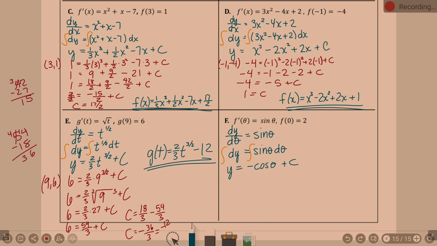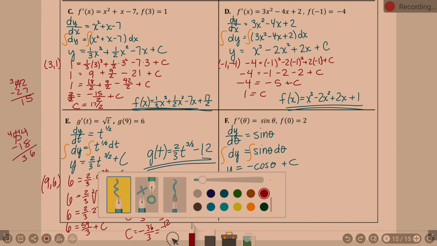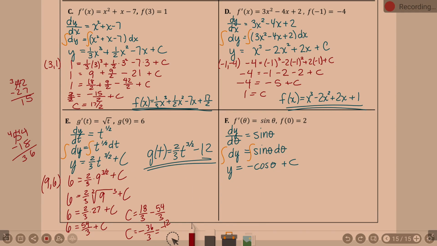But since I don't have the negative here, I need to put my negative on the cosine. So the derivative of cosine is negative sine, but it's a negative of the negative, which makes it positive. Okay, plugging in 0, 2.